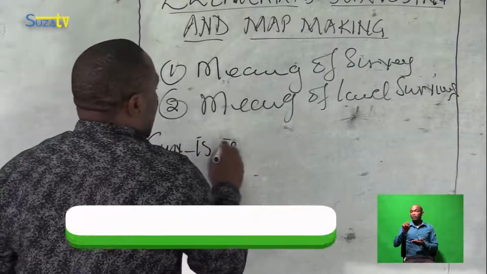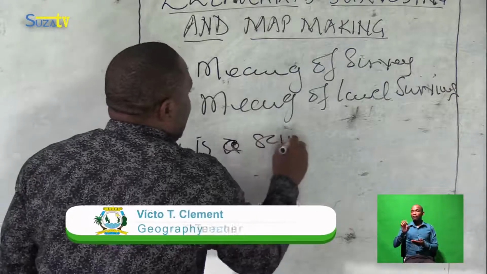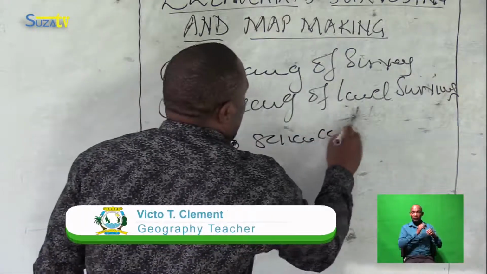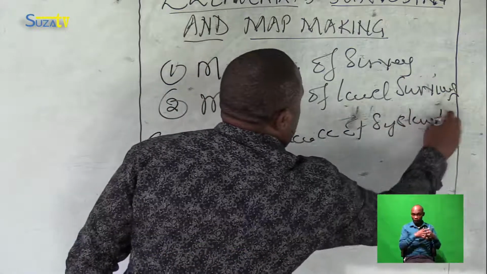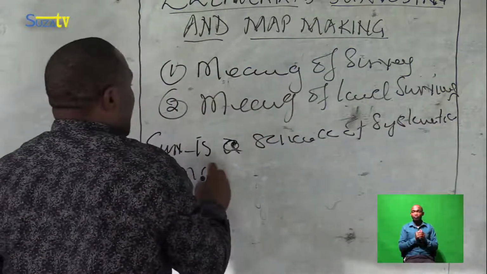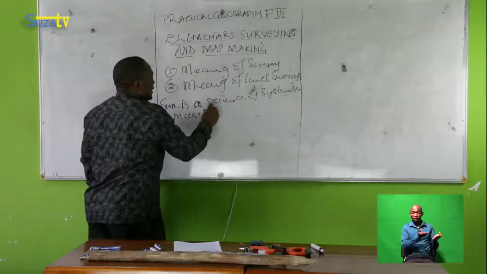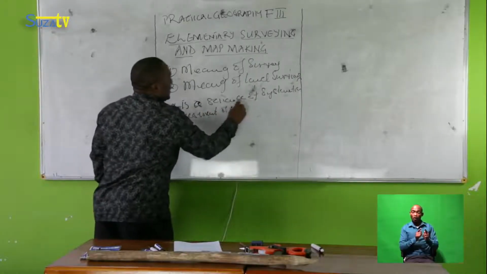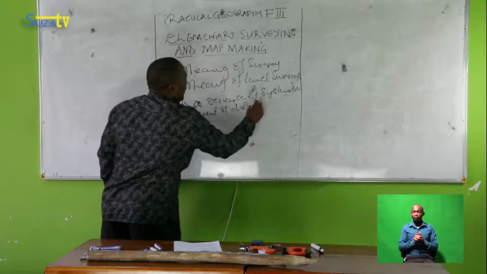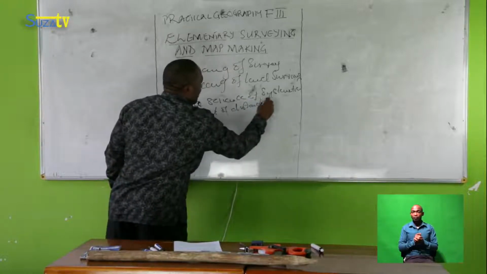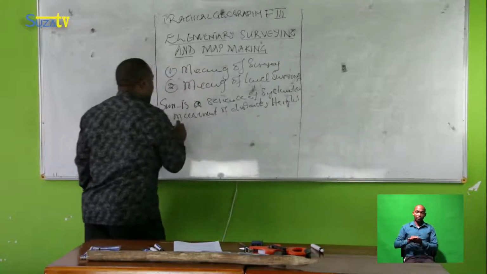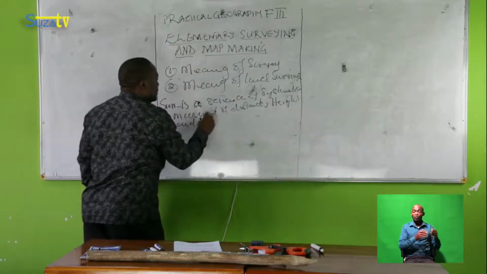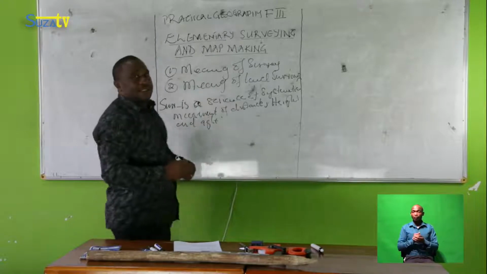is a science of systematic measurement of distance, height, and angle on the Earth's surface.